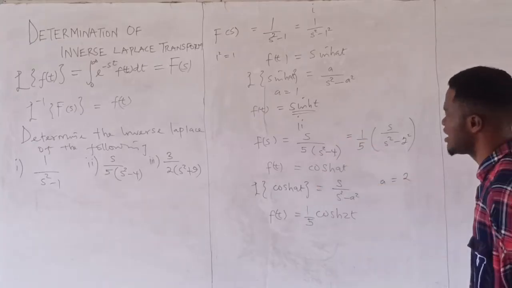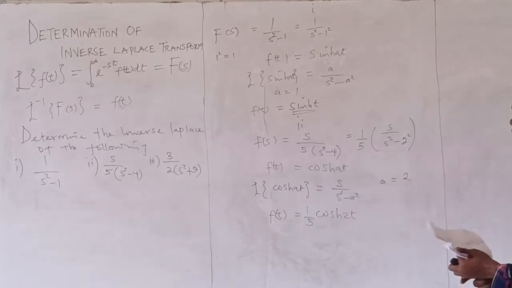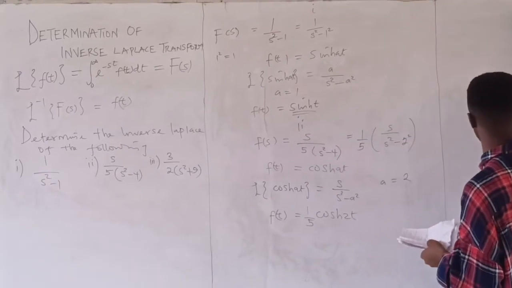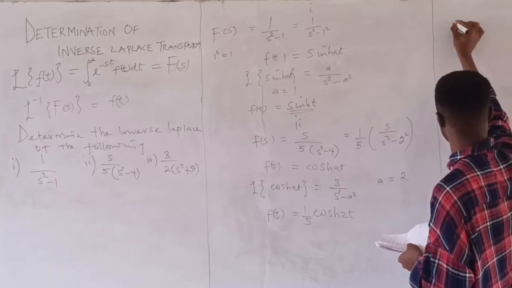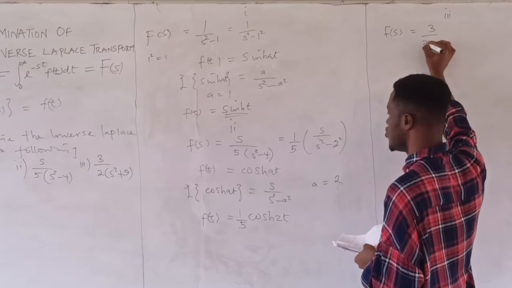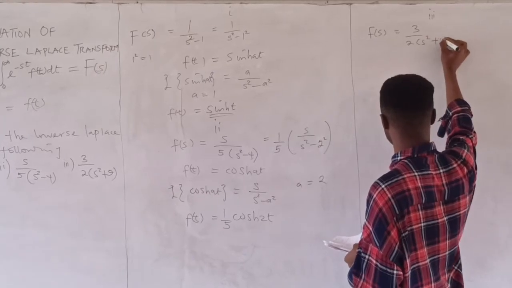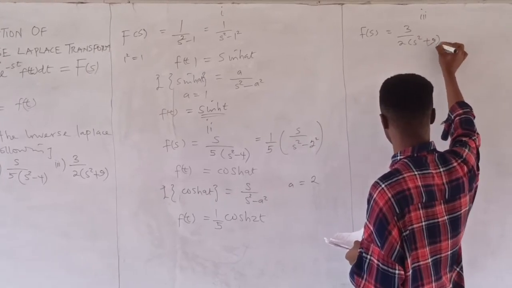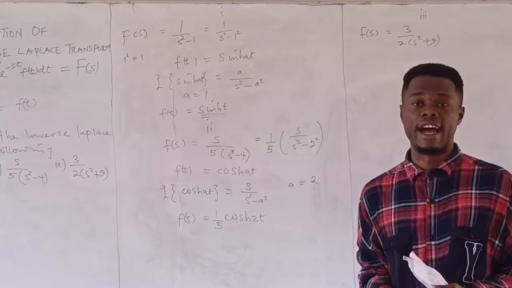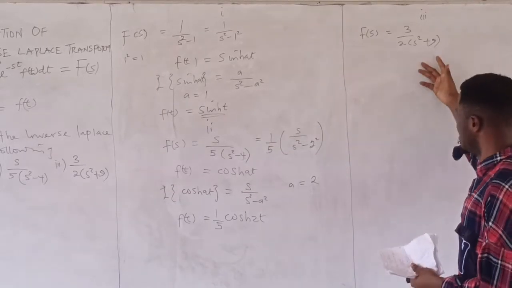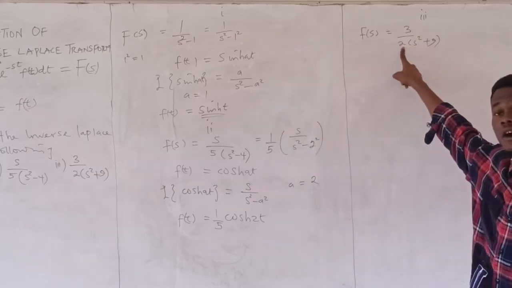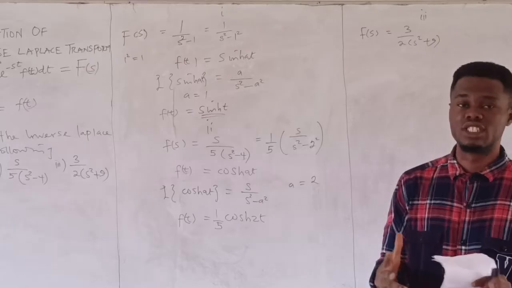Now on the last one on the list, we have that f of s is equal to 3 over 2 into s squared plus 9. So this is what we have, 3 over 2 into s squared plus 9, right? Since we have this, as usual, we have to factor out the constant that is inside of this function.